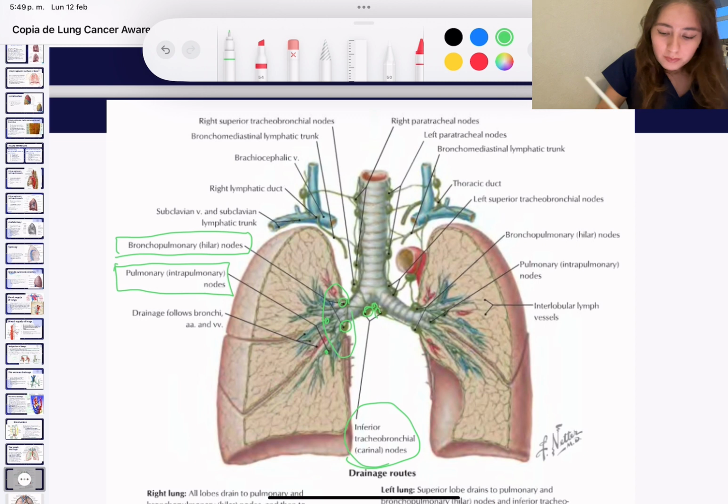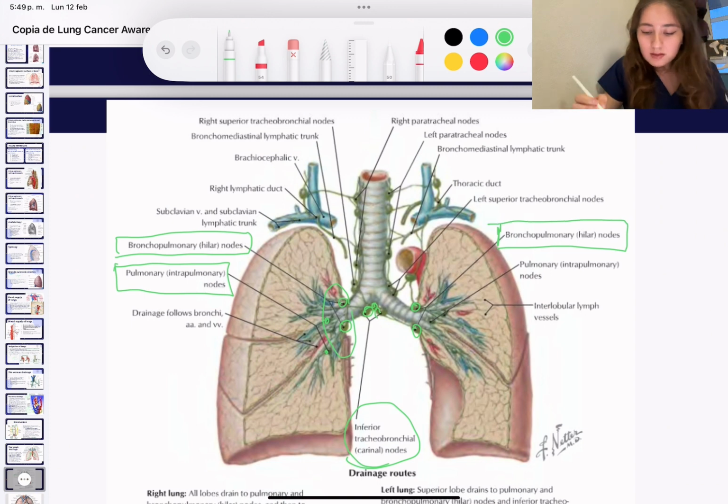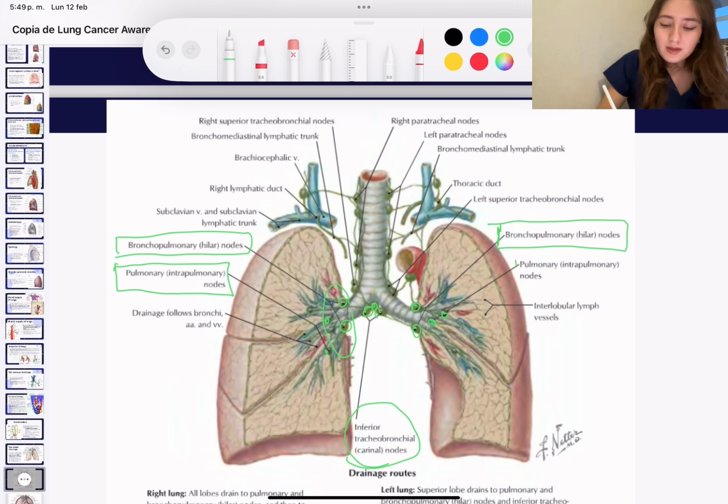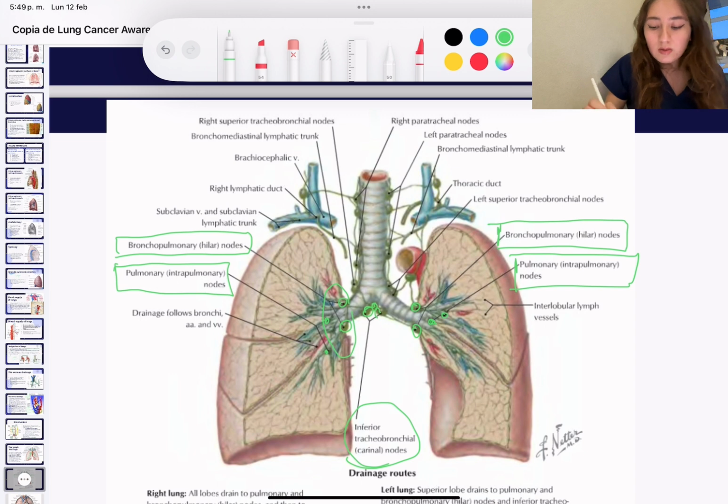We have bronchopulmonary hilar nodes from the left lung, and pulmonary intrapulmonary nodes from the left lung. Here we have interlobular lymph vessels. Interlobular because they are inside of each lobule.